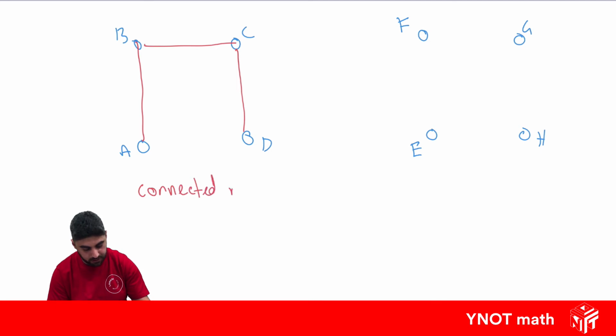So this is a connected network. Now over here, if I connect these two and these two but nothing else, this is a disconnected network.